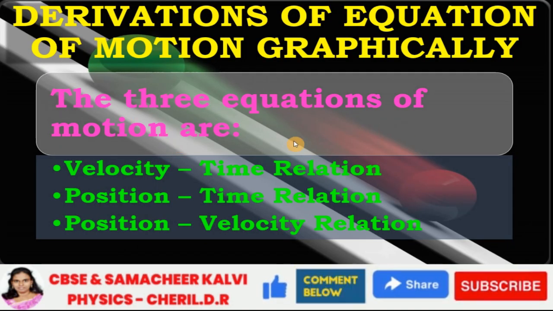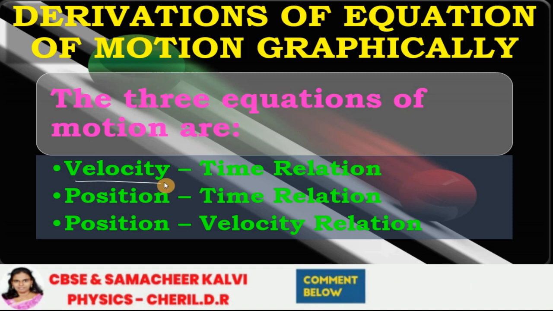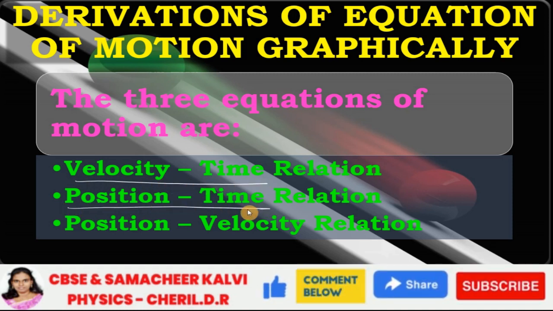The 3 equations of motion are the velocity time relation, position time relation, and position velocity relation. You can very easily remember the equations of motion with these names. They will also be called the first equation of motion, the second, and the third equation of motion.